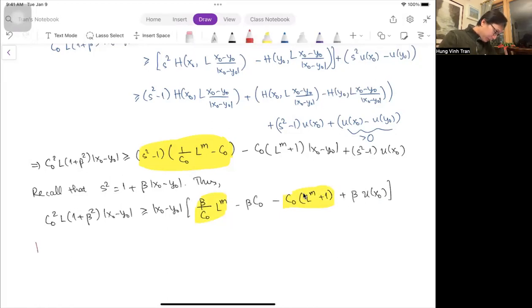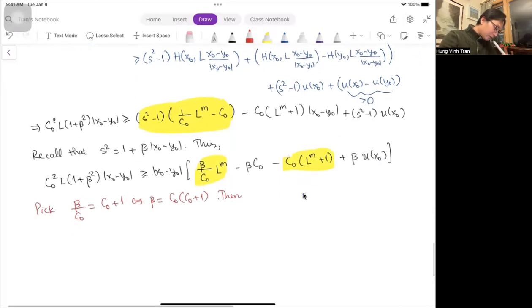So pick beta over c naught to be, let's say, c naught plus 1. That is, beta is c naught times c naught plus 1. Then we handle this term, it's gone. Now we cancel out x naught minus y naught.